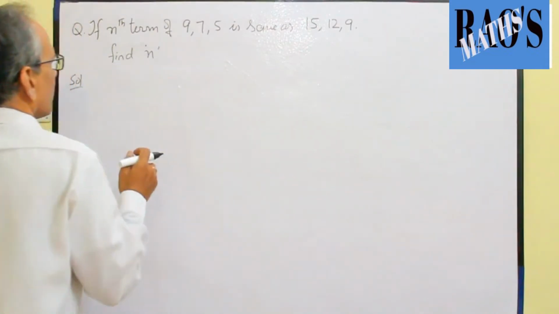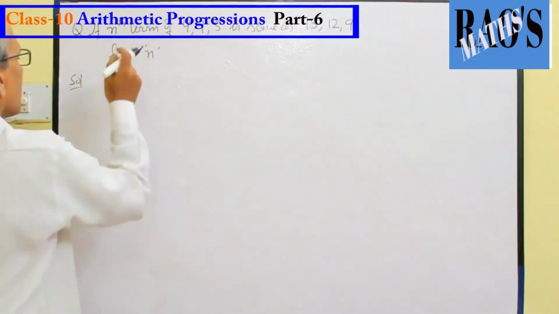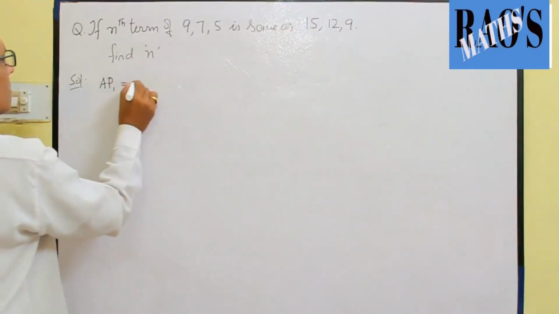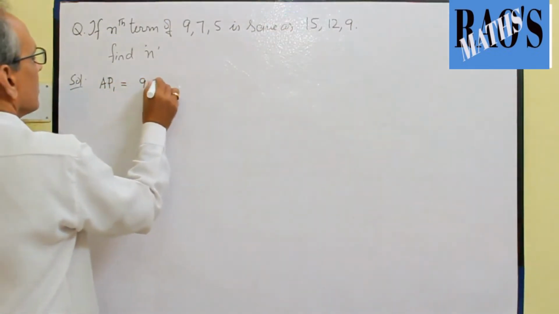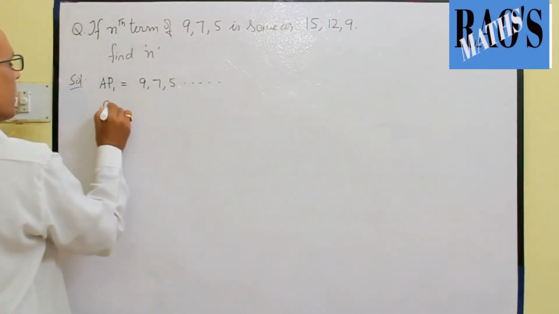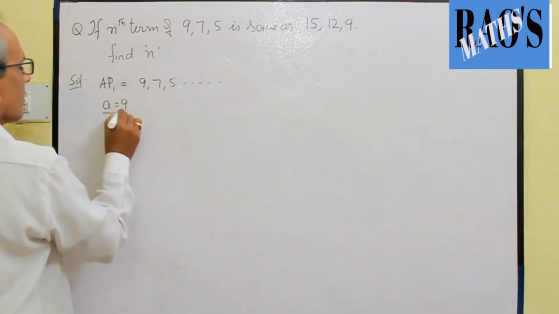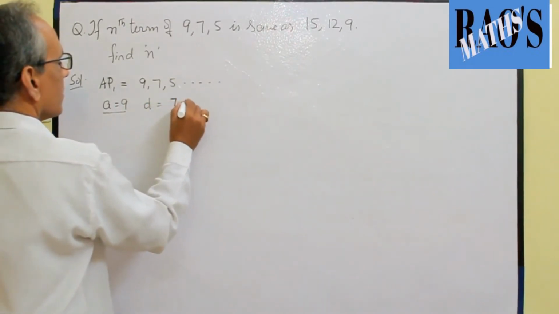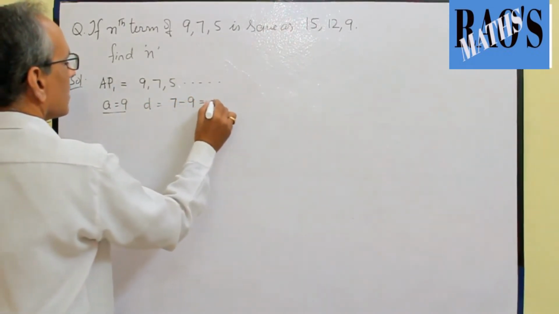First, let me define the nth term in AP1. Arithmetic progression 1 is 9, 7, 5 and so on. From this I can define A is 9 and D is the common difference of two consecutive terms, that is 7 minus 9, that is minus 2.